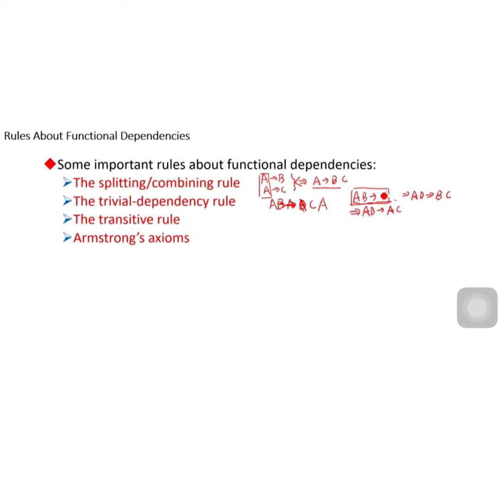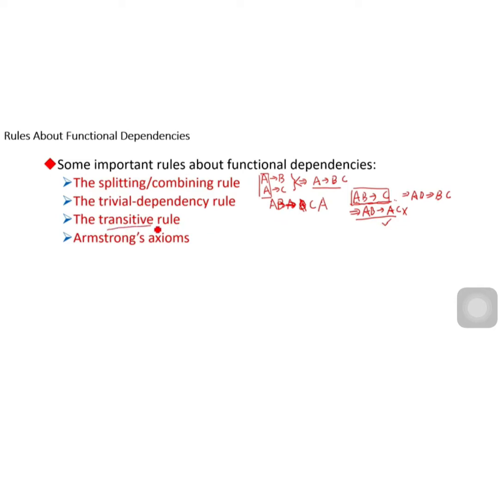But this one is not a completely non-trivial dependency, because we can find A appearing in both the left side and the right side. We'll use this concept in the definition of BC normal form.